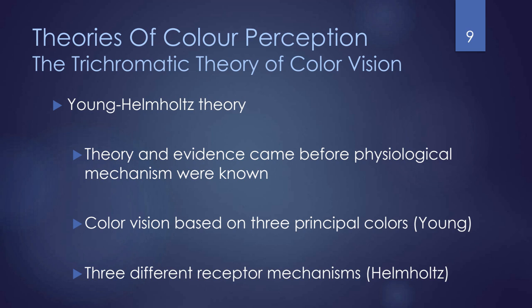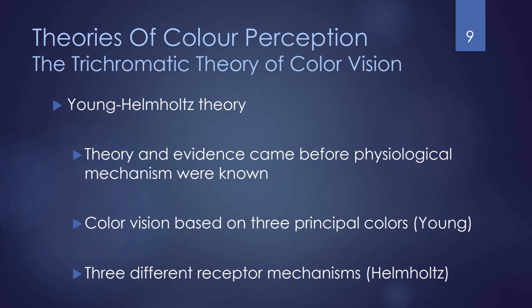Thomas Young proposed that color vision results from the actions of 3 different receptors, as early as 1802. You don't need to know that specific number, just that this is quite a while ago. Young suggested that the eye contained different photoreceptor cells sensitive to different wavelengths of light in the visible spectrum.